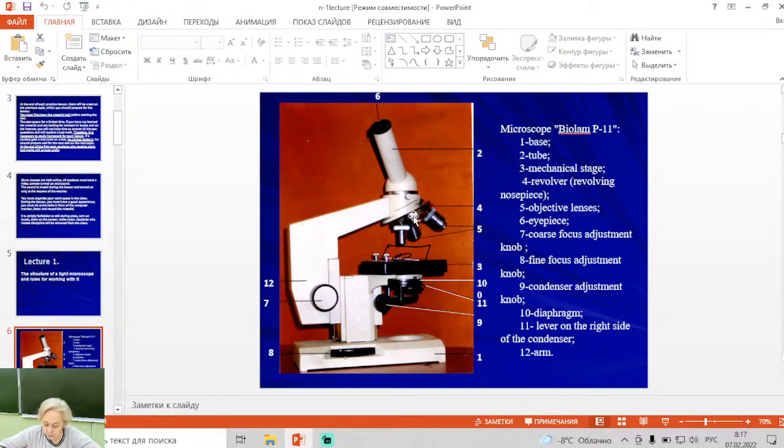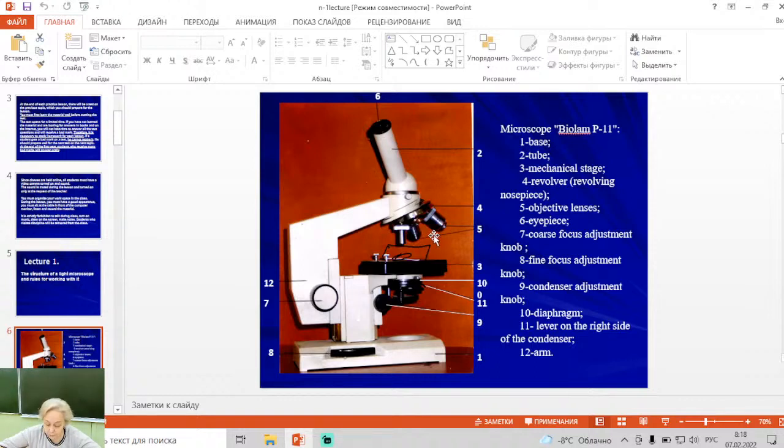The objective lens is a lens system enclosed in a common metal frame. What you see, objective lens, number 5. The lens is screwed into the socket of the revolver. The magnification of the lens is written on its side surface, on this side.